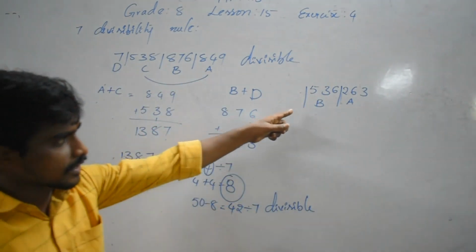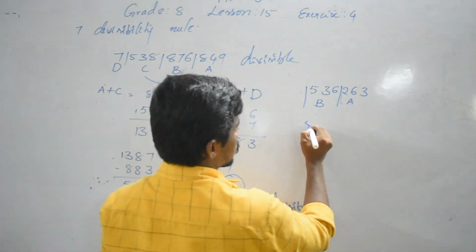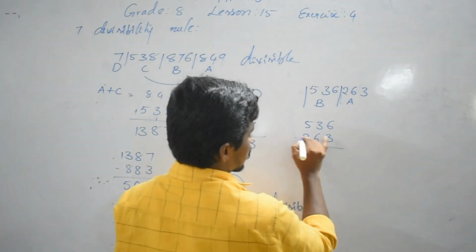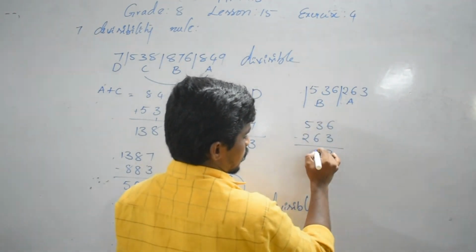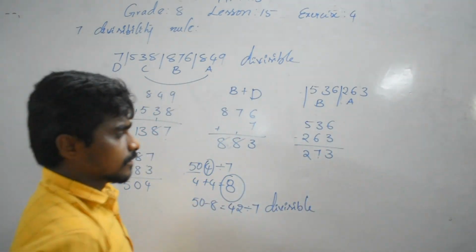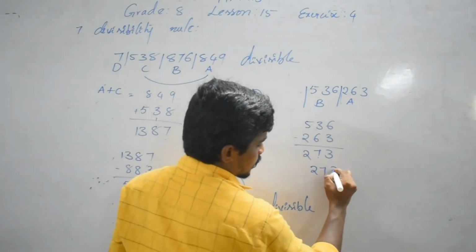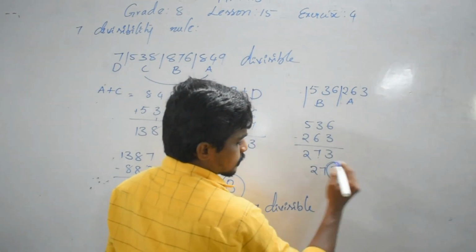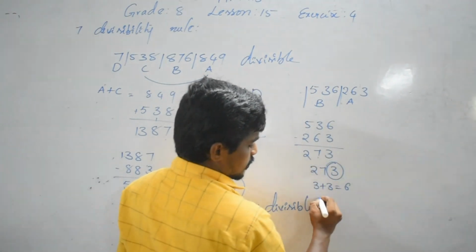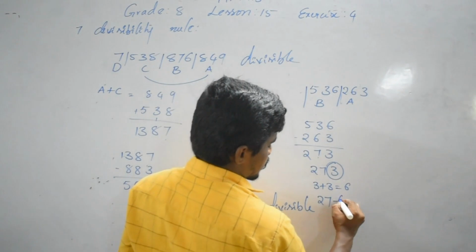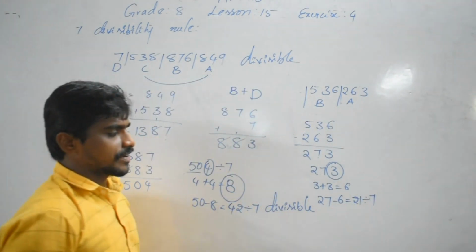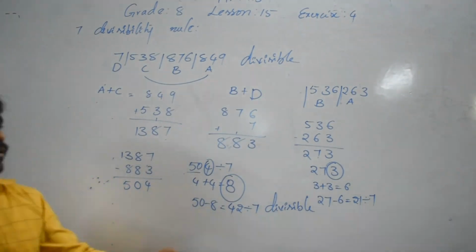You subtract these 2 groups: 536 minus 263, which is 273. Now 273: 3 twice, 3 plus 3 is 6. 27 minus 6 is 21. 21 divided by 7, divisible or not divisible?